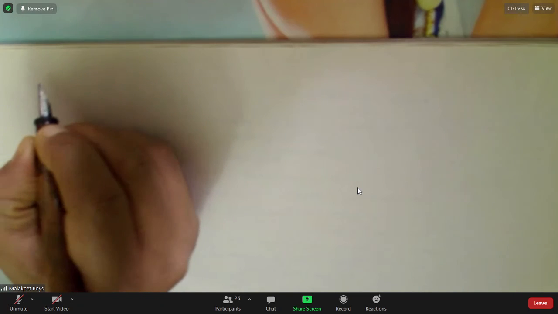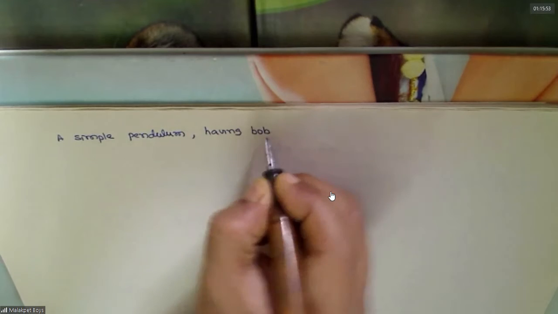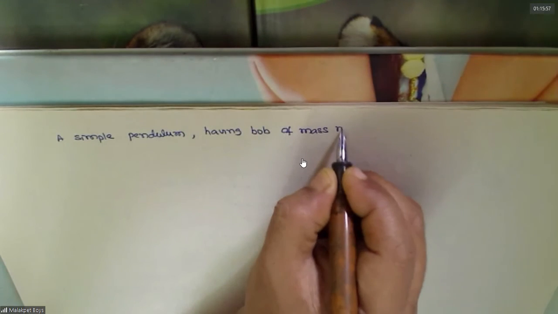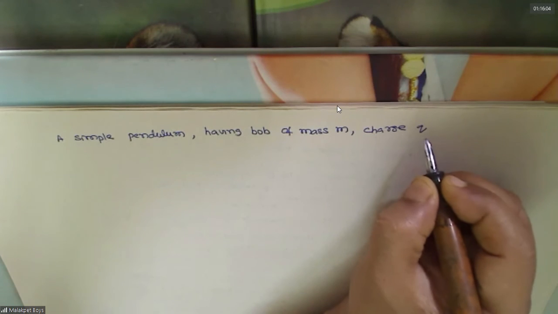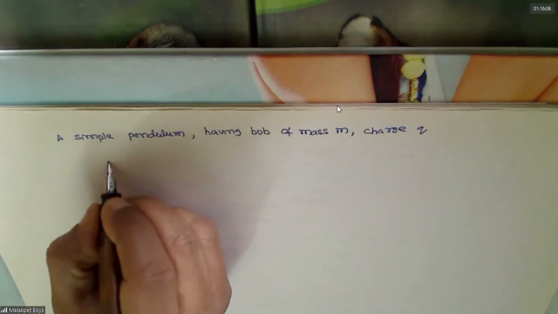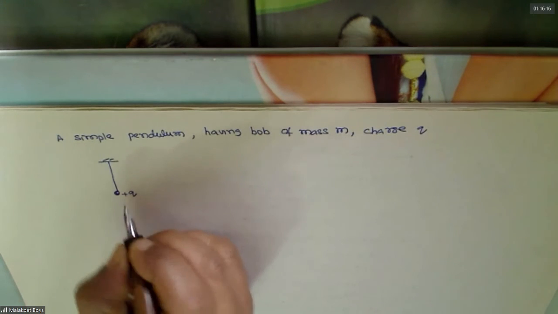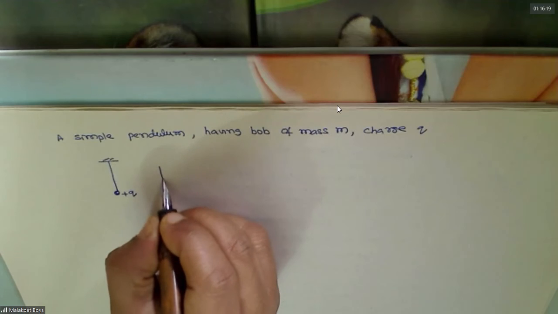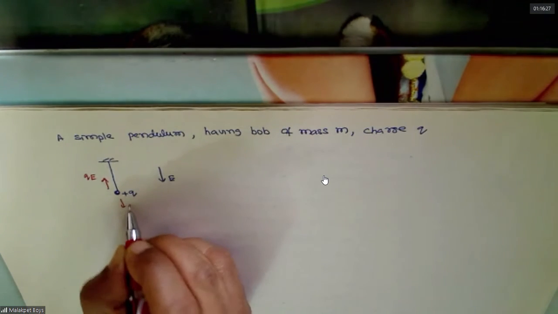Suppose we have a simple pendulum. See, for example, this is plus Q. Now you can see with the electric field in this direction, it is experiencing a force QE, and this is mg.